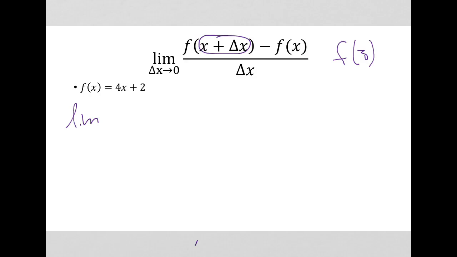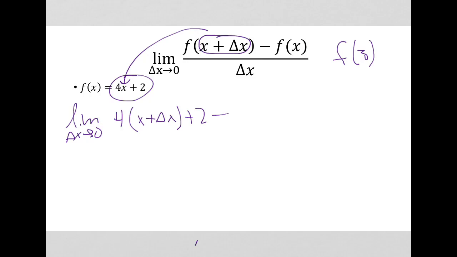So I'm going to write my limit as delta x approaches 0 of my function with that x plus delta x plugged in for the x there. So I'm going to get 4 times x plus delta x, close my parentheses, plus 2, minus my f of x function, I'm going to put in parentheses, 4x plus 2, and all of that is over delta x.